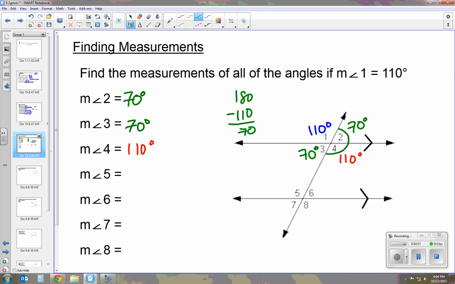Now we've got to jump over to the other intersection. I'm going to use angle 1 and angle 5. Angle 1 and angle 5 are corresponding, and I know that corresponding angles are equal, so I know 5 is 110. And then I do the same thing. 5 and 8 are 110 because they're vertical. 6 and 8 is a linear pair, so 6 is 70.